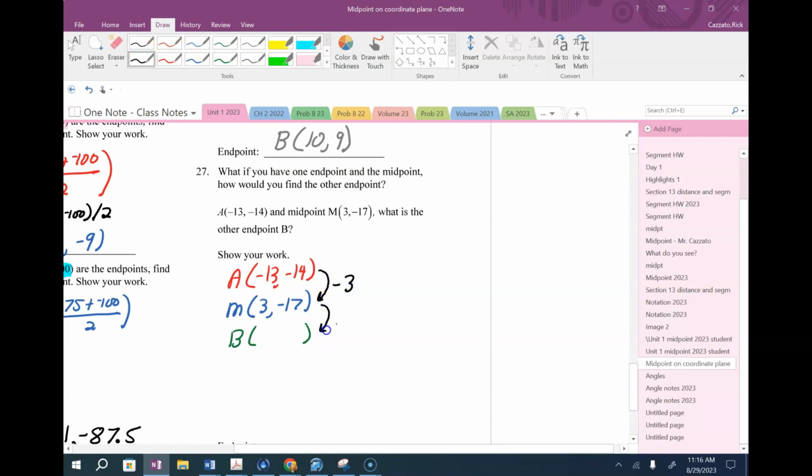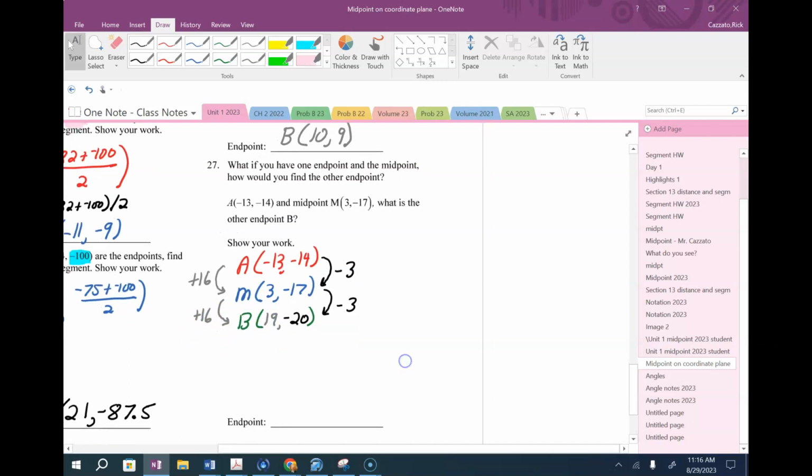So you subtract 3 again, and you'll get -20. Then for the x, from -13 to 3, you're adding 16. So you're going to add 16 again. So 3 plus 16 is 19. So for problem number 27, the other endpoint is 19, -20.